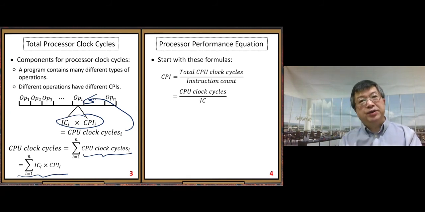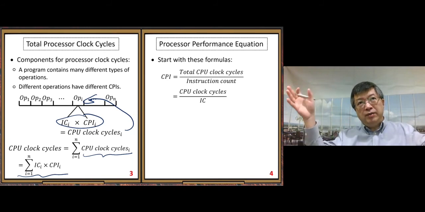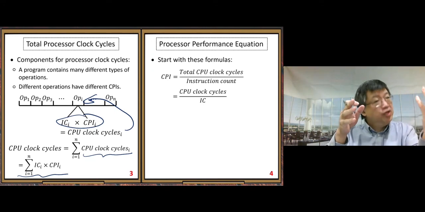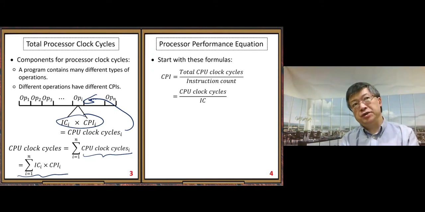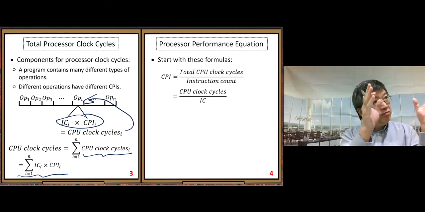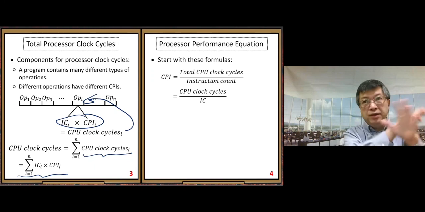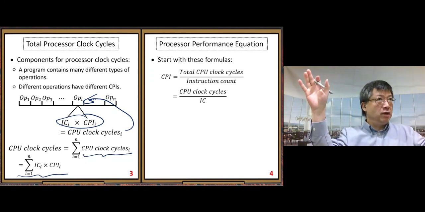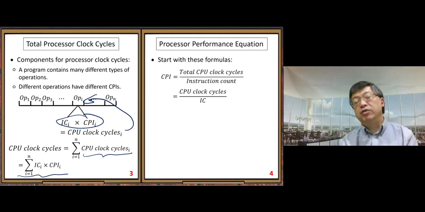Frequency. So in your program, the whole program, for each type of operation, or individual operations, how much percentage of each operation with respect to the total operations, that number is a frequency number.